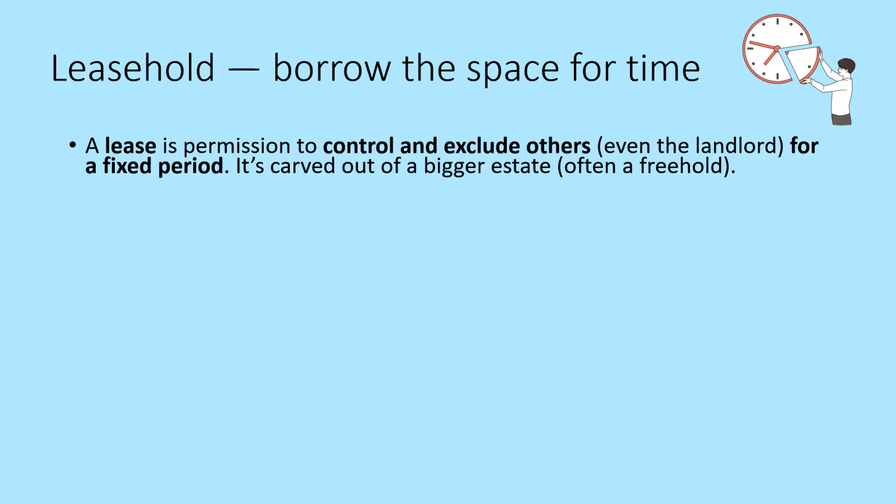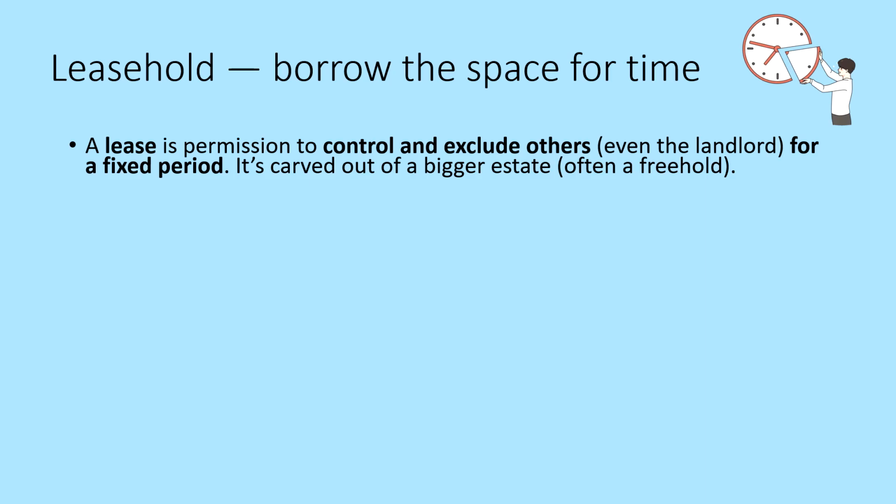So for example, if you are renting a place, or you buy a property that's a leasehold, then there will be someone who has a superior right to the property than yours. But you can exclude them for this fixed period of time where you have control of the property.